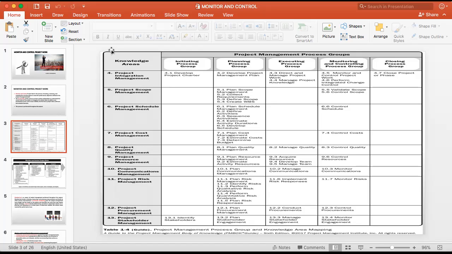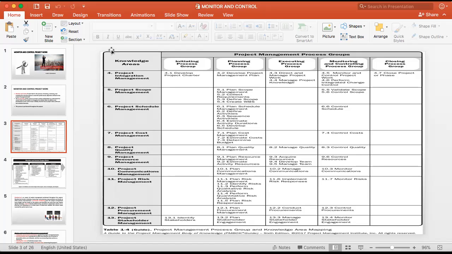You get work performance information. From the scope management process, you get the work performance information. From the cost control process, you get the work performance information. So what you do is integrate all these things, consolidate them, and submit the consolidated version. So monitoring and controlling is a very important process because it consolidates and integrates everything, that means all the work performance information from the other knowledge areas, that is, the other control processes.